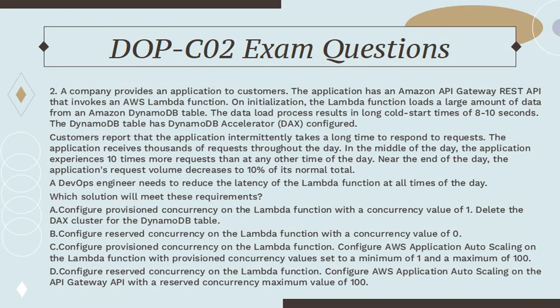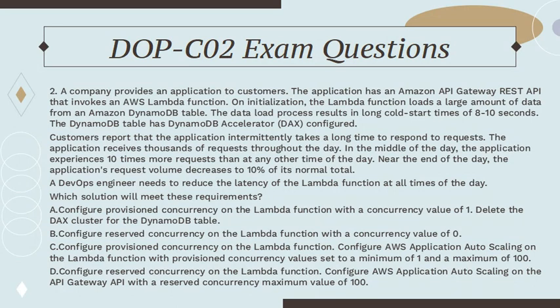A. Configure provisioned concurrency on the Lambda function with a concurrency value of 1. Delete the DAX cluster for the DynamoDB table. B. Configure reserved concurrency on the Lambda function with a concurrency value of 0. C. Configure provisioned concurrency on the Lambda function.